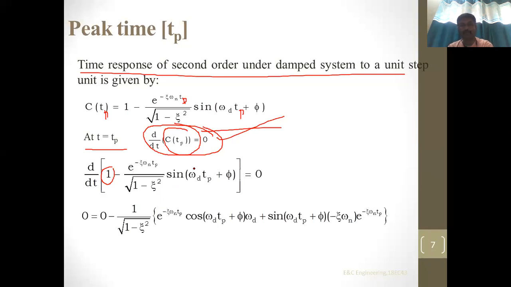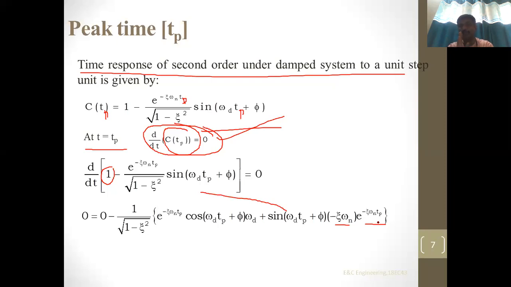First function into derivative of second function: first function is e power minus xi omega n tp into derivative of sine, that is cos of omega d tp plus phi, along with this omega d. Is it okay? Plus second function, sine of omega d tp plus phi, into derivative of e power minus xi omega n tp, that is minus xi omega n into e power minus xi omega n tp. I think my point is clear. If I try to perform the first order derivative, I need to apply the product rule.